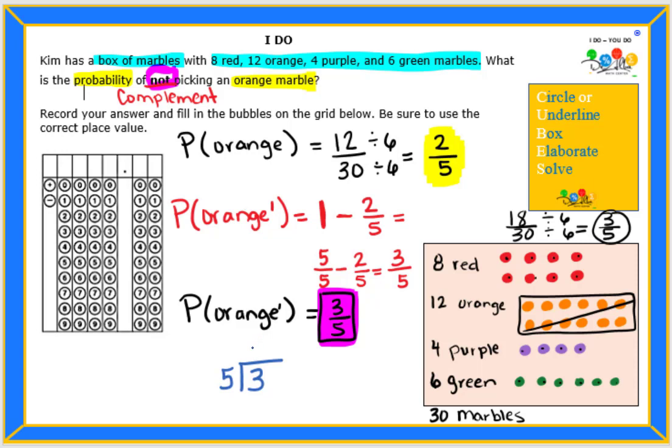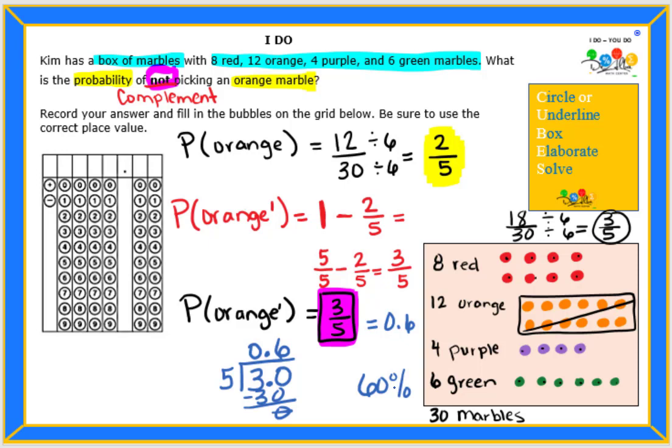But 5 cannot go into 3. So we're going to have to add a decimal and make sure we bring it up to our quotient. We add a 0, and now 5 goes into 30 6 times. And so 3/5 is equivalent to 0.6 or even 60%.